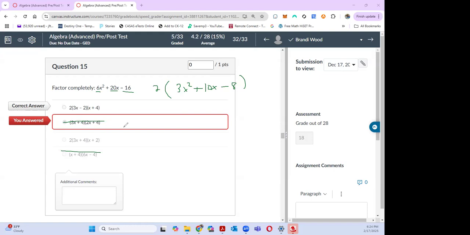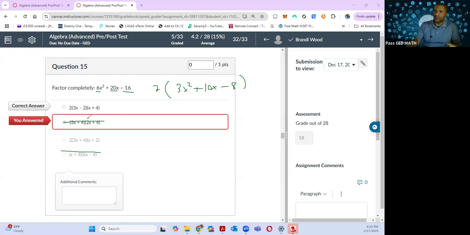Second thing I would do is let's look at this. Minus 2 times plus 4, because that's going to give me my last term. It's going to give me minus 8. That matches. That could be the answer. Plus 4 plus 2, or 4 times 2, is going to give me 8.